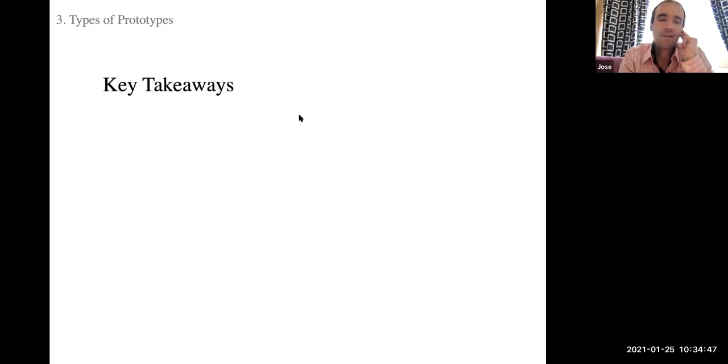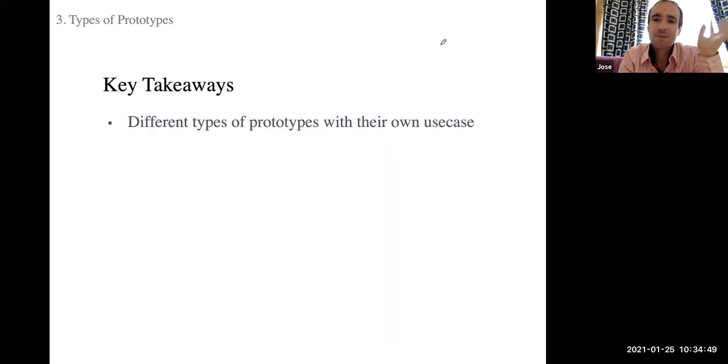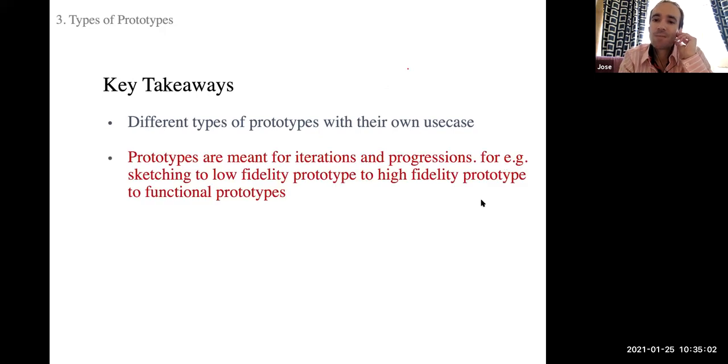Yes. Good. So key takeaways. So different types of prototypes. So you should consider where you are in the project and when to use each one, right? So use your common sense. Prototypes are meant for iterations, right?